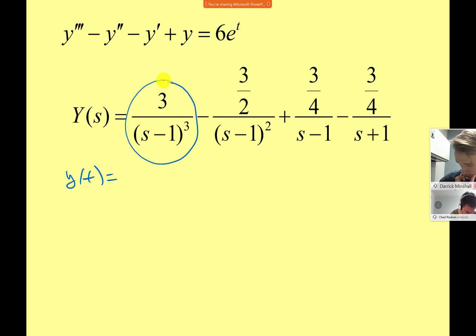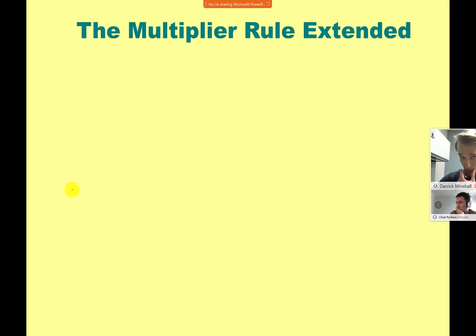Remember when you have s shifted, okay, so it's shifted because of that -1, it shifted 1. That means there was an exponential in there. And so you do the exponential part, then you cancel the shift, and then you inverse transform the rest. So this is going to be e to the something times something else. I'm going to move this down a little because I didn't leave myself enough room.